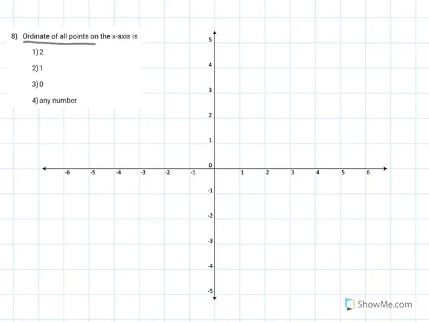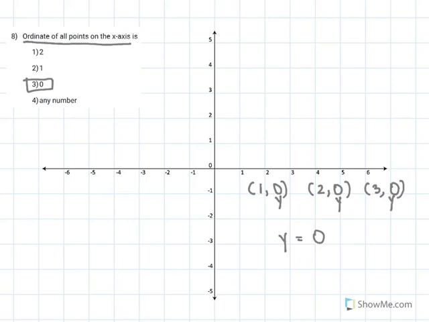The ordinate of all the points on the x-axis. Now the points on the x-axis are like this. Remember the x-axis, so 1, 0 or 2, 0, 3, 0, where y equals 0. So the ordinate is the y. Have you seen? This is y, this is y, this is y. So the ordinate is always 0. So the answer here is 0.